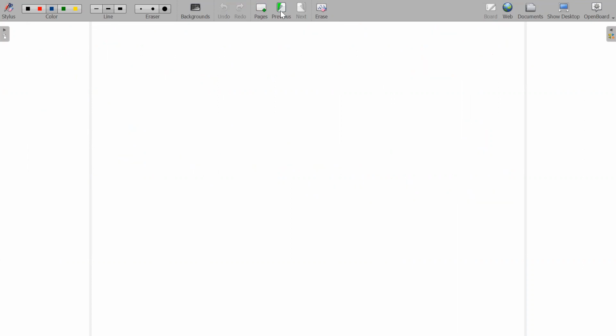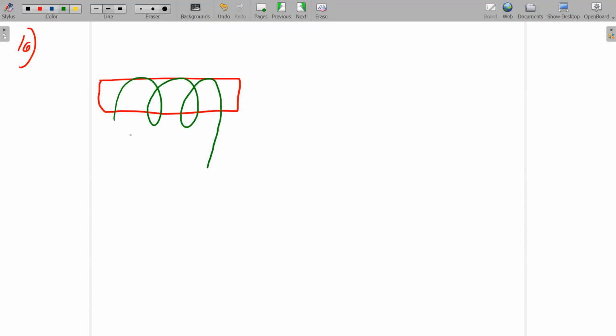Now another question. 16th one. Now another coil, same length.